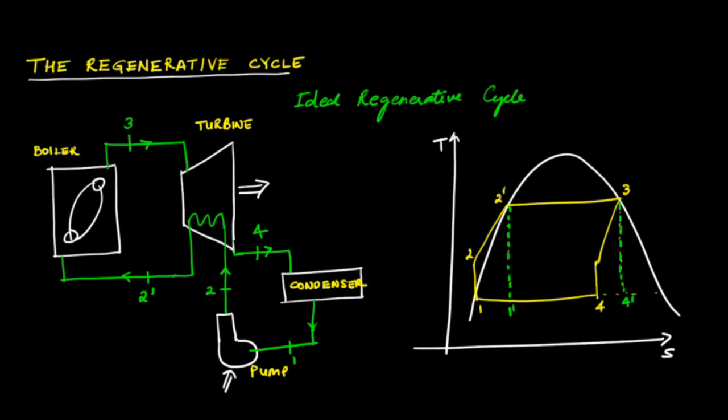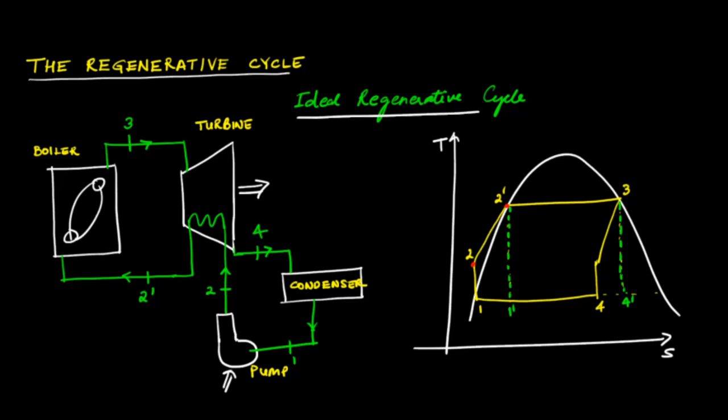So this regenerative cycle, in particular the ideal regenerative cycle, is shown over here. For this discussion, we'll just consider the Rankine cycle without superheat. So what happens in this ideal regenerative cycle is that to increase the average temperature at which heat is added, this liquid, that is from state 2 to 2 prime, is not heated in the boiler.